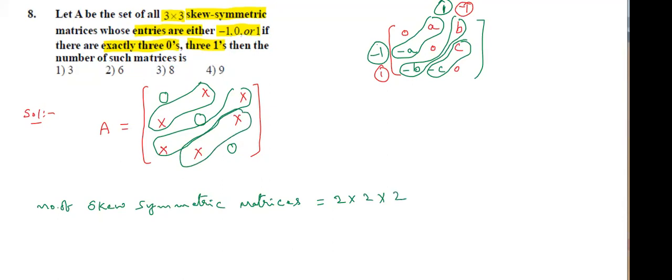That means any one of the place can be selected. Here 1 means opposite is -1. But suppose here -1 means opposite should be 1. 2 into 2 into 2. Total how many chances? There are 8 chances. 8 different skew symmetric matrices are possible. Which option correct, students? Third option.